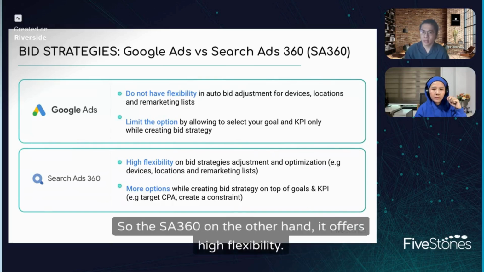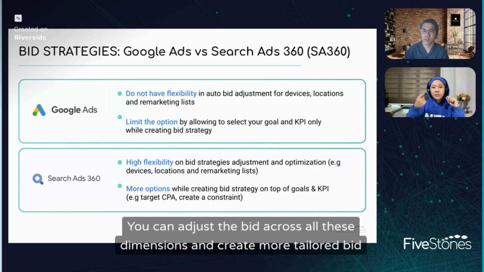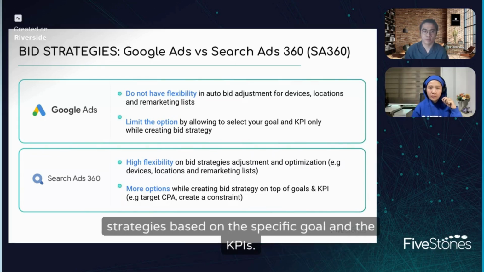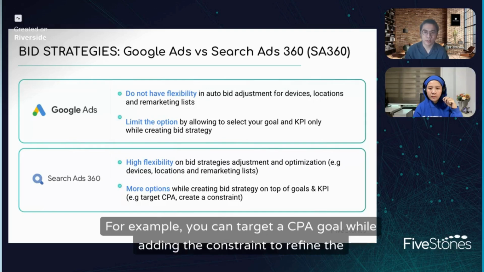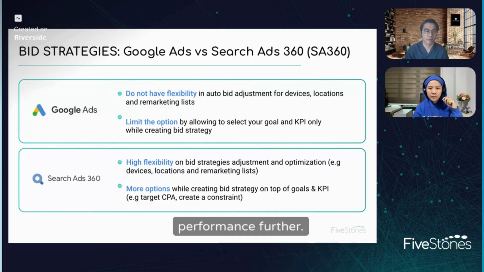SA360, on the other hand, offers high flexibility. You can adjust the bid across all these dimensions and create more tailored bid strategies based on your specific goal and KPIs. For example, you can target a CPA goal while adding a constraint to refine the performance further.